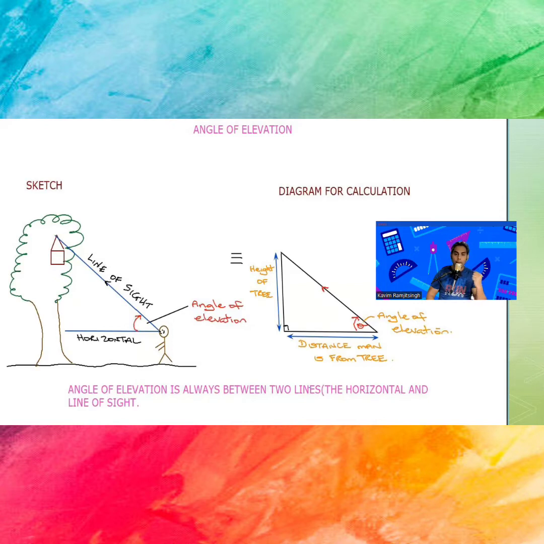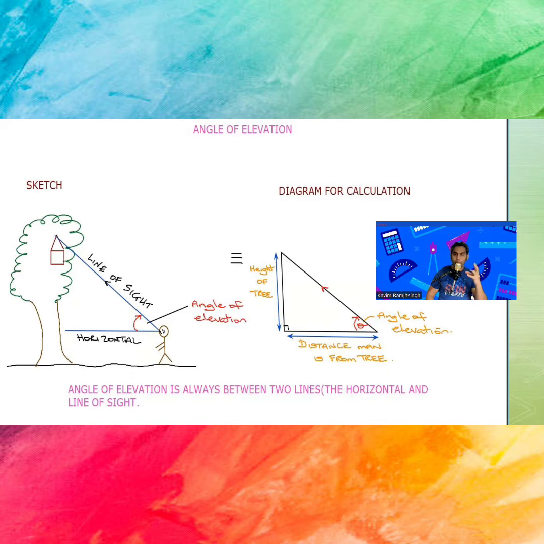So from the sketch, they get a right angle triangle to use for calculation. You're seeing the vertical part, the height of the tree, the horizontal part, the distance the man is from the tree, and you're seeing an angle of elevation.